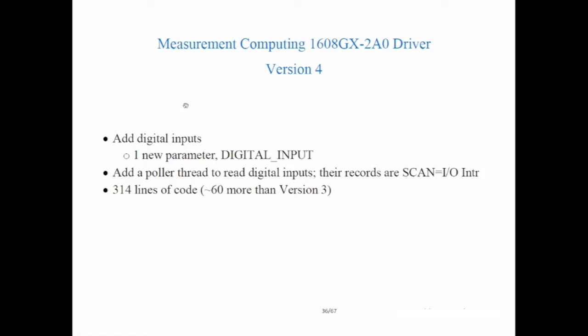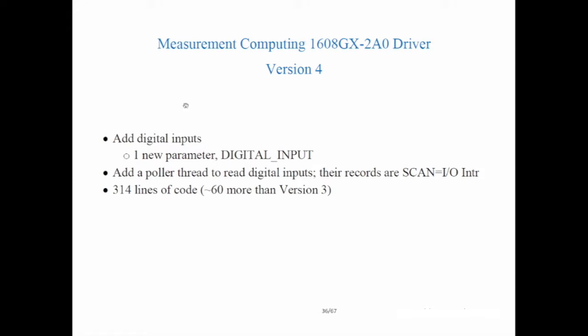When we did the analog input, you saw that we actually implemented the readInt32 method, right? So that those records were being periodically processed and reading the values with a real call to the driver. Here we're going to set up a poll thread that periodically reads them.